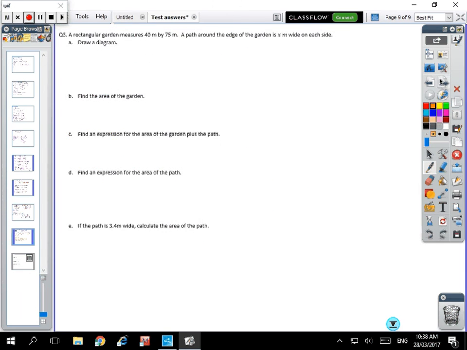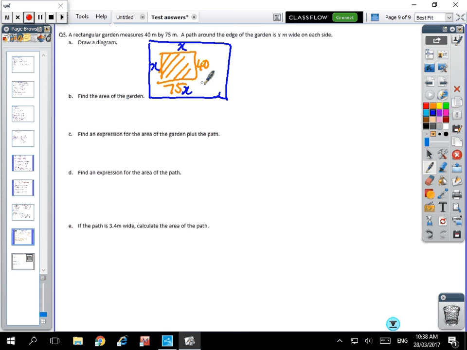Okay, a garden measures 40 by 75, so that's 40 and that's 75, and then the path is around the outside. I didn't do it to scale, and the path is x, so that's x, x, x, and x. So that's the diagram of the path.